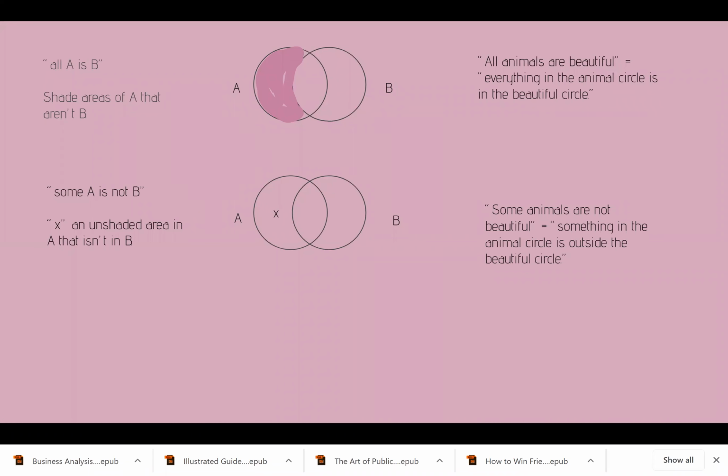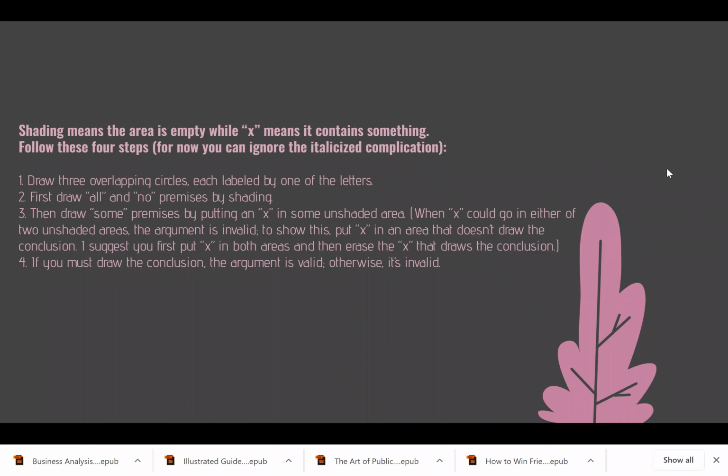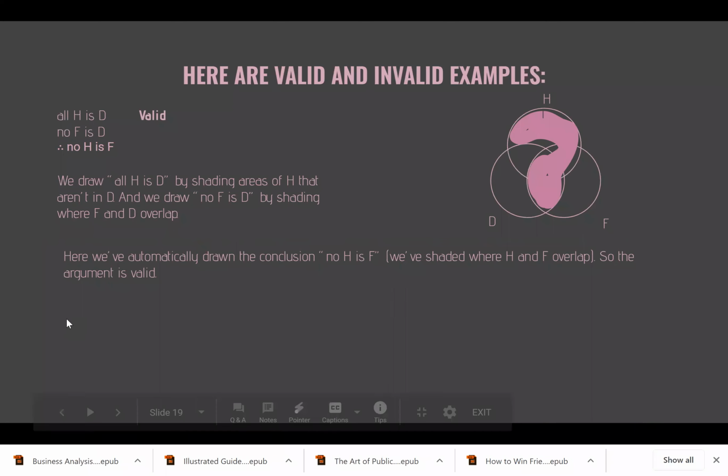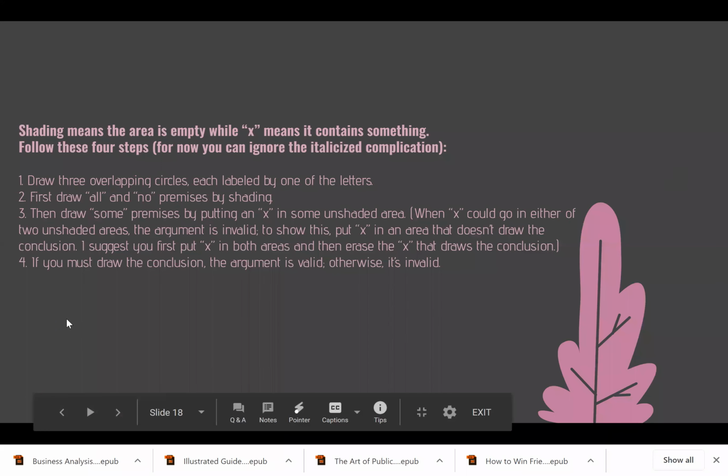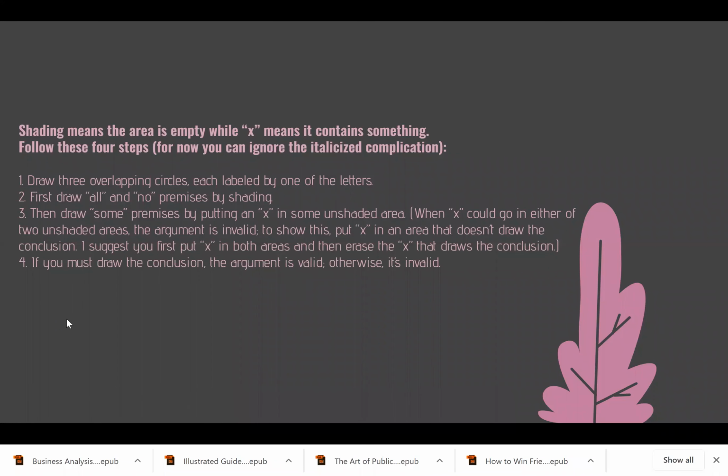And final example, whenever you have some A is not B, put an X in an unshaded area in A that isn't in B. So that means some animals are not beautiful also means something in the animal circle is outside the beautiful circle. So shading means the area is empty while X means it contains something.